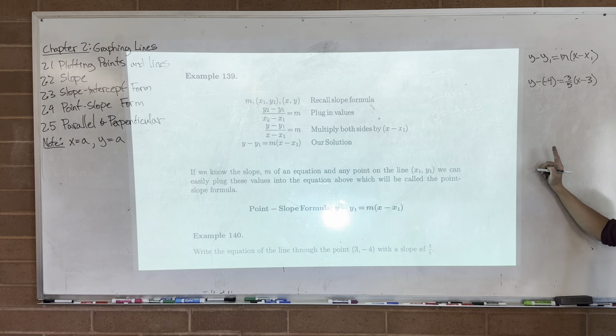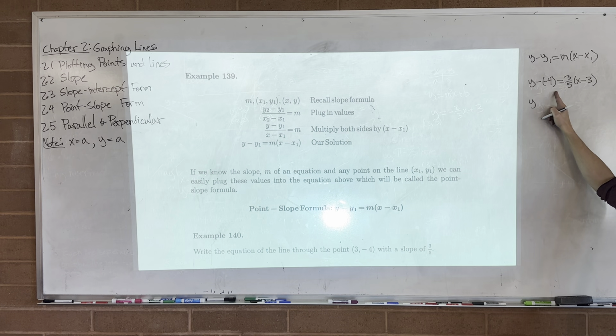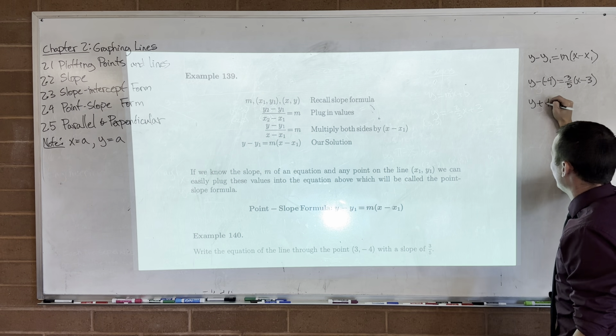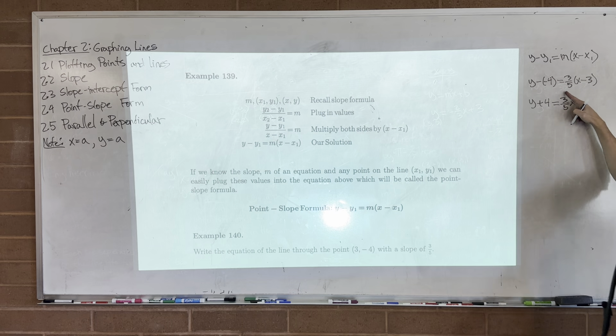So now, y minus negative 4 is plus 4. 3/5 times x is 3/5 x. 3/5 times negative 3 is?